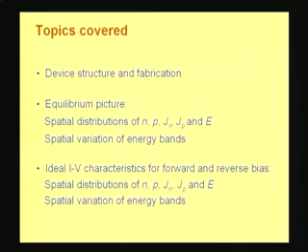We derived the characteristics based on spatial distributions of N, P, J, Jp and E. We showed how the analysis can be done without the aid of energy bands using the 5 basic equations. And then we also drew the energy band diagram for forward and reverse bias to show what is the advantage you gain in terms of getting information and details using the energy band diagram.